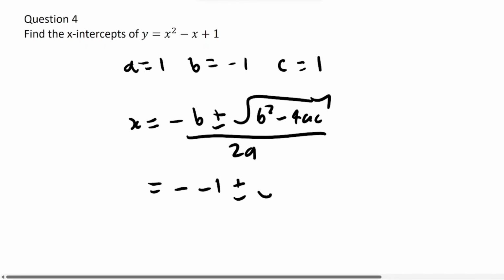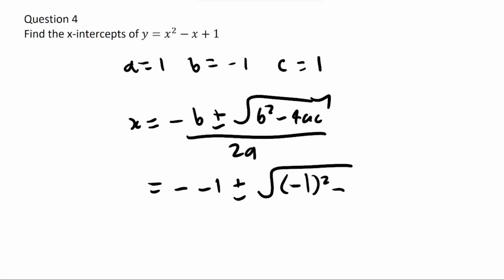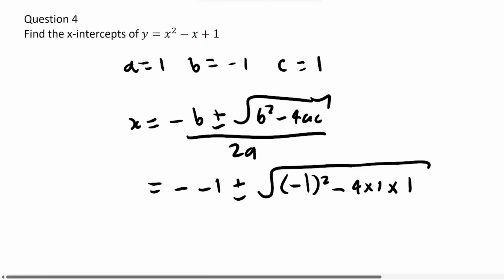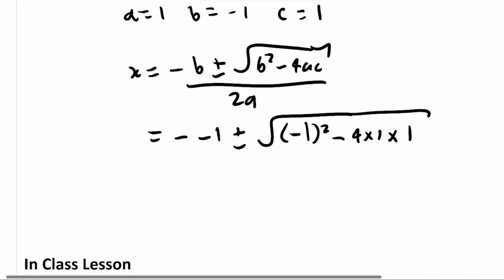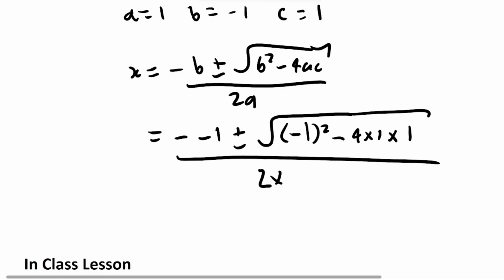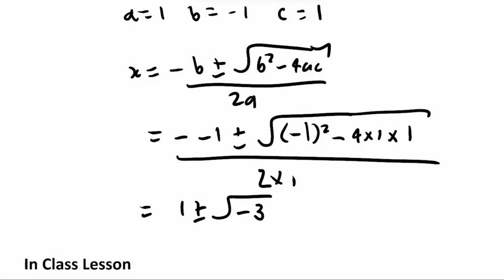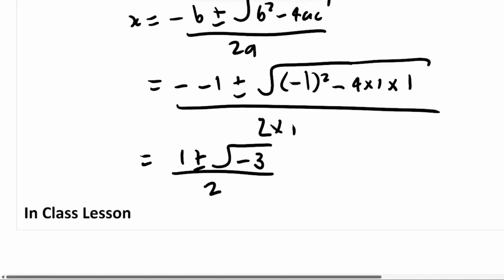So that's plus or minus square root of minus 1 squared take 4 times 1 times 1, all over 2 times 1. So that becomes 1 plus or minus square root of, well, that's 1 take away 4. So that's minus 3 in the square root over 2.